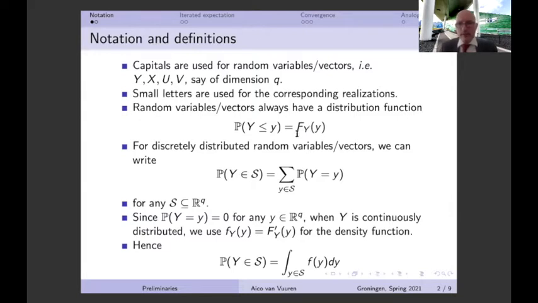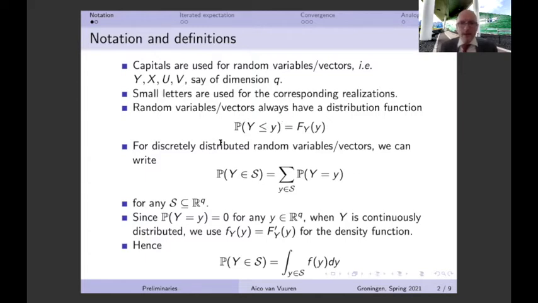So in this case, it's the distribution function of this random variable Y that we have over here. It is a function, and it's, in this case, evaluated in this little y that we have over there. And by definition, it's equal to the probability that large Y is smaller or equal to this little y. So that's the idea behind the distribution function.